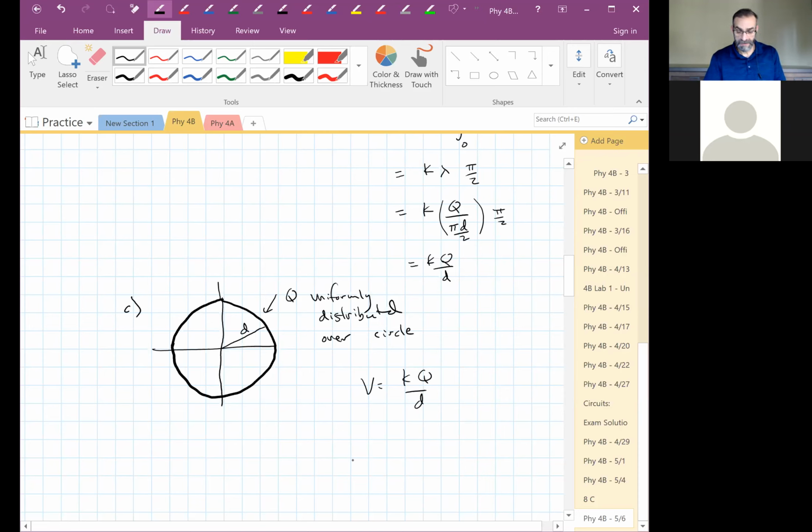Okay. So V is not a vector quantity. We just add them up. That's nice. Except for the fact that for 2 weeks I was pounding into your head, vector, vector, vector. So you have to get over that. But you can see as long as the distance is the same, they're all contributing the same amount.